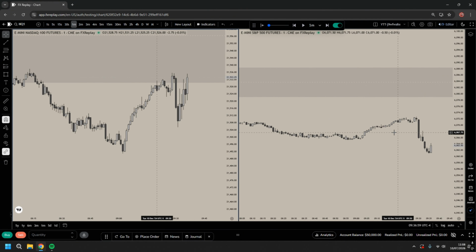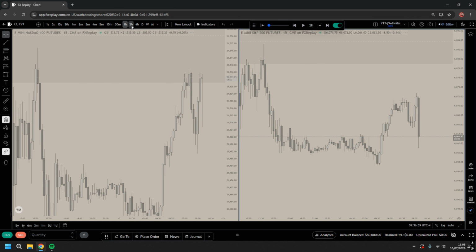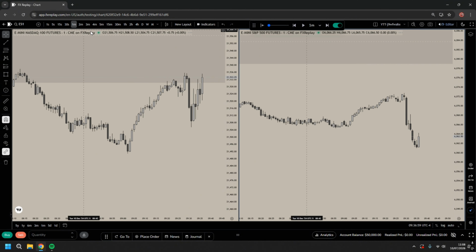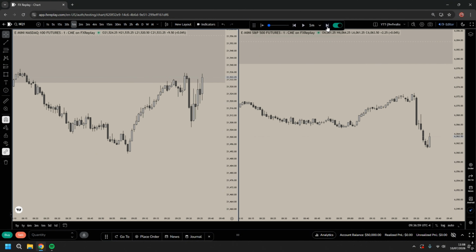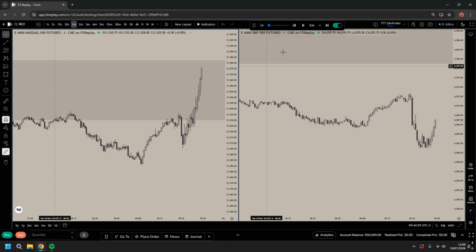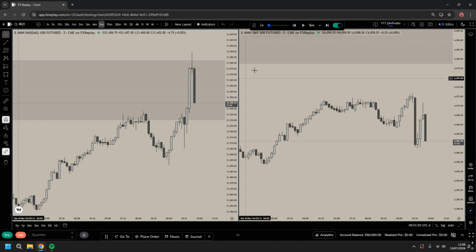We do end up getting the inversion, but I probably wouldn't be open to taking anything here, just with the structure on ES. We actually get that reaction.